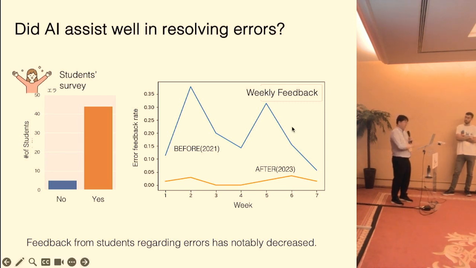This is the feedback from two years ago and this year's feedback, as an error feedback ratio from students. Apparently, introducing KOGI decreased the number of feedback from students regarding errors.